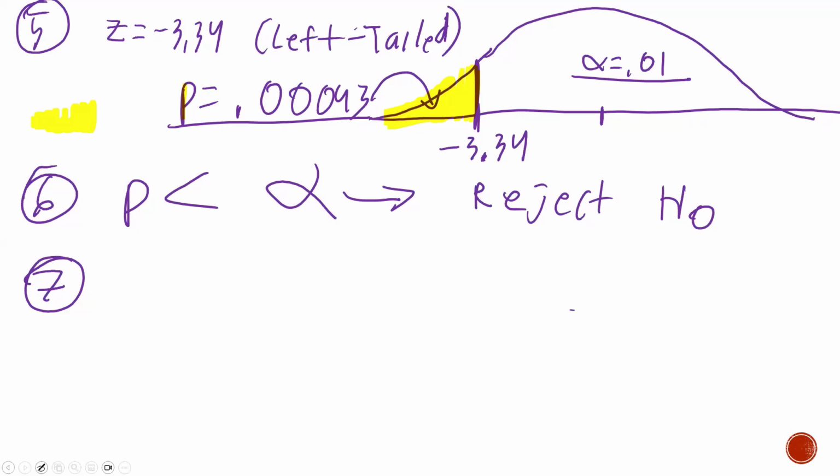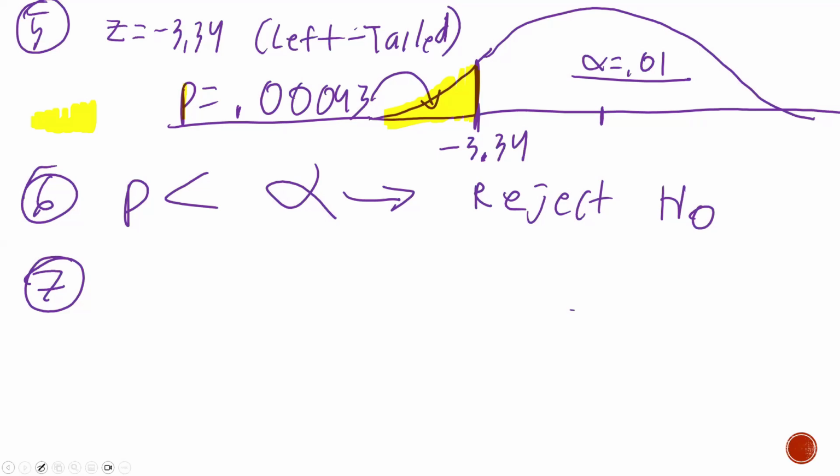Not only did we reject it, this is very unlikely to occur by chance, right? A small p-value means it is unlikely to happen by chance, which means your original assumption is probably wrong, which means you want to reject your null hypothesis.